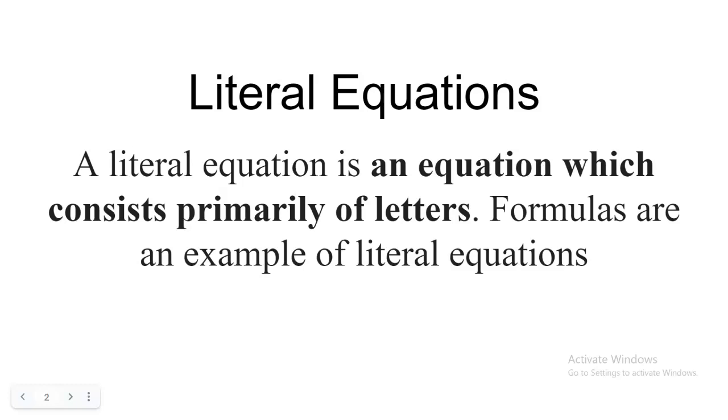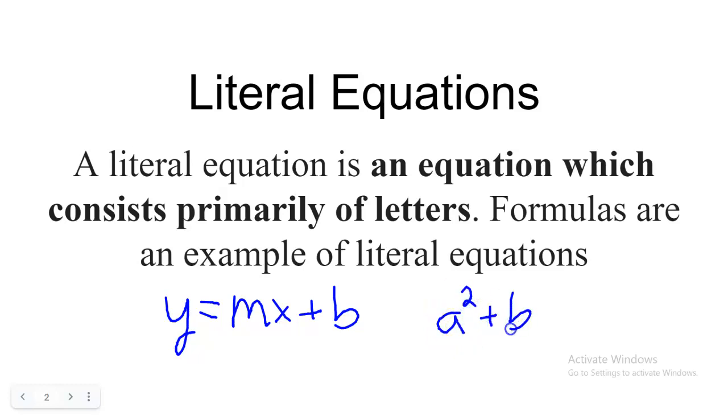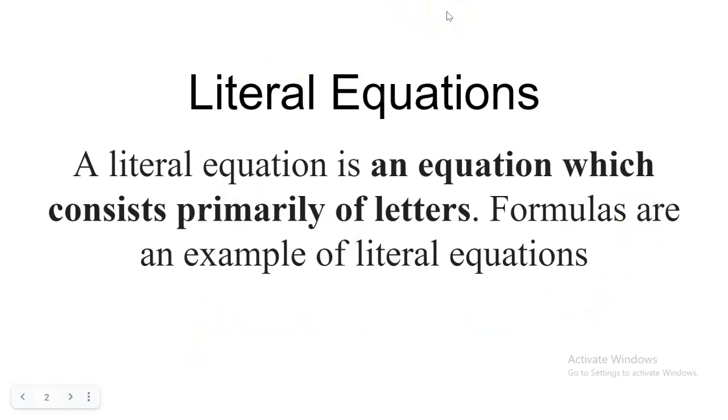We've seen quite a few formulas that are literal equations. Slope-intercept form could be considered a literal equation. You've seen this one before, a squared plus b squared equals c squared. We might not know what a, b, and c are, but they are variables. One of the first ones in our book is the conversion from Fahrenheit to Celsius.